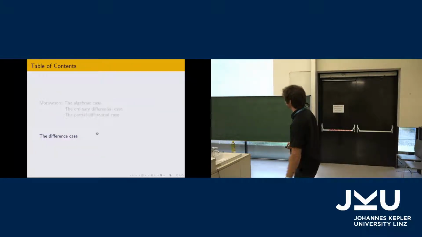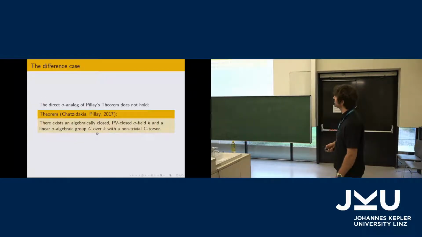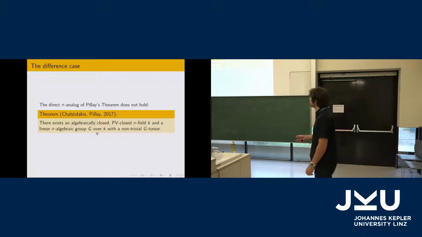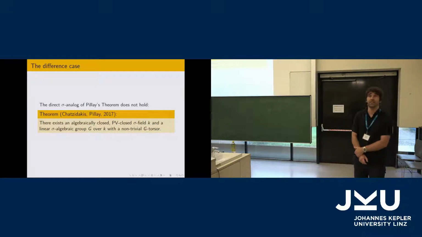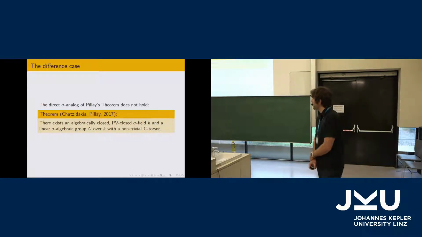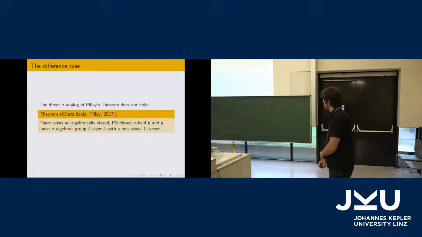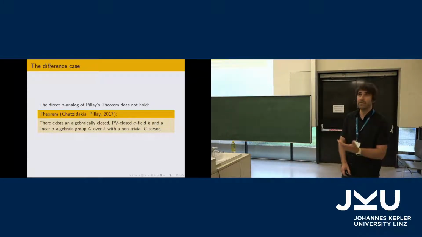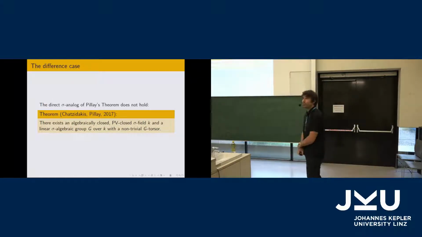Okay, so now I'd like to come to the difference case. There have been some results in the difference case already, also by Zoé and Anand. And they showed that the immediate direct difference analog of Bélair's statement is not true. More precisely, there exists an algebraically closed and PV closed difference field and a linear difference algebraic group with a non-trivial G-torsor.